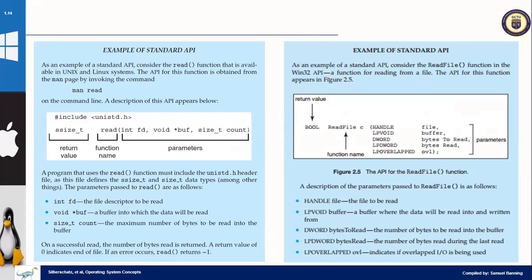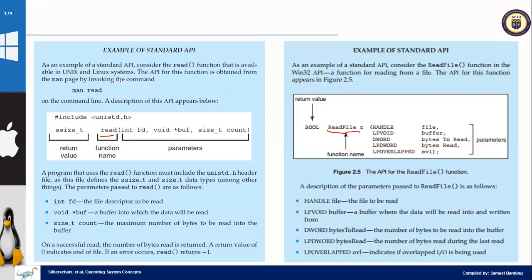The second one is the Win32 API, which works on Windows-based applications or operating systems. You notice that we have the read function on the Unix environment and the read file on Windows. All these are performing the same activity.